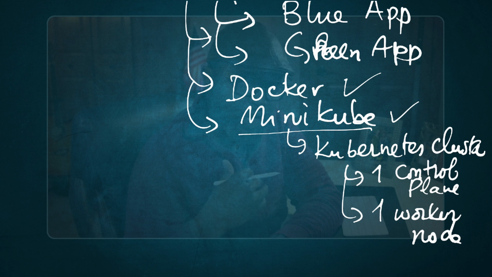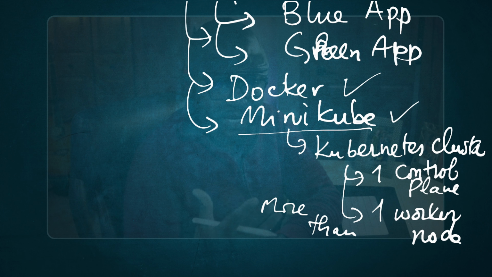But for production, you use kubeadm, kubelet, and kubectl. You have to install all of those so that you have more than one worker node, again for availability and scalability and stuff like that.